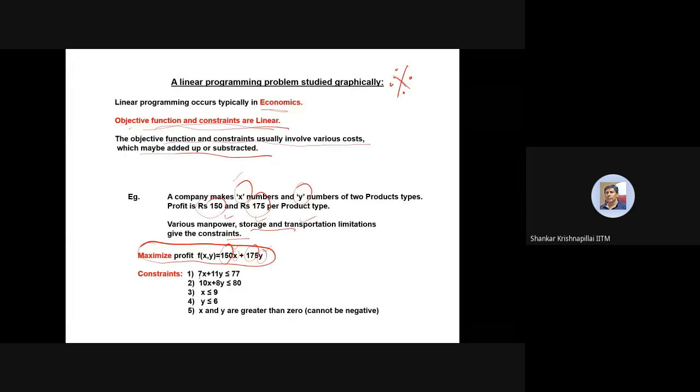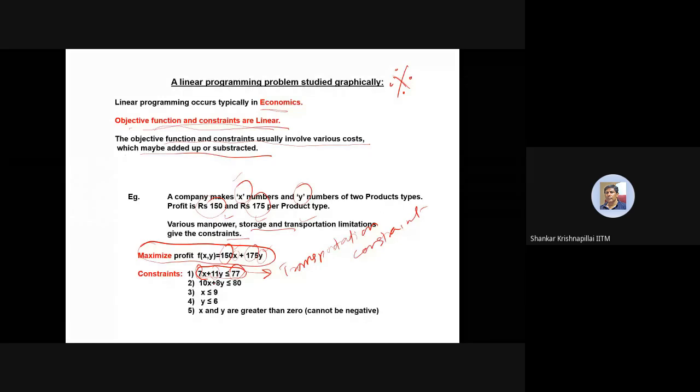Then you can see this is mainly a transportation constraint. Just for example, 7 rupees is the cost of transporting one X component, 11 rupees is the cost of transporting Y component, and the total transport cost for X number of items and Y number of items should not exceed 77 rupees.